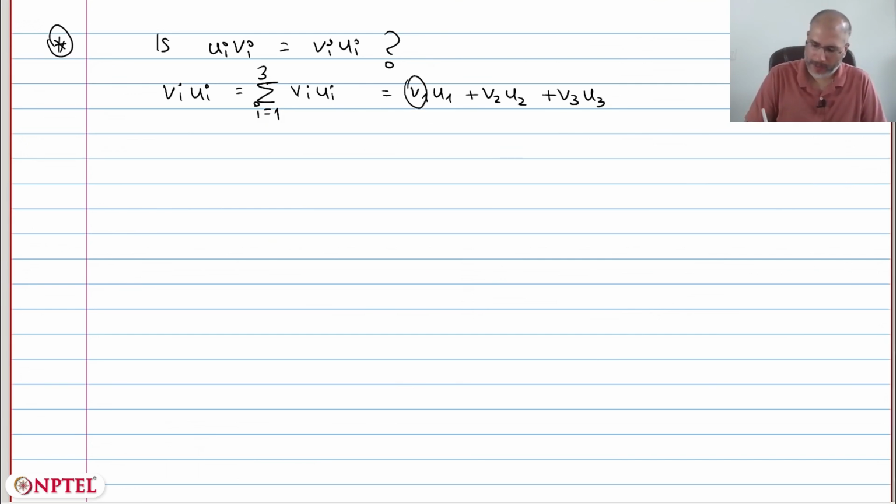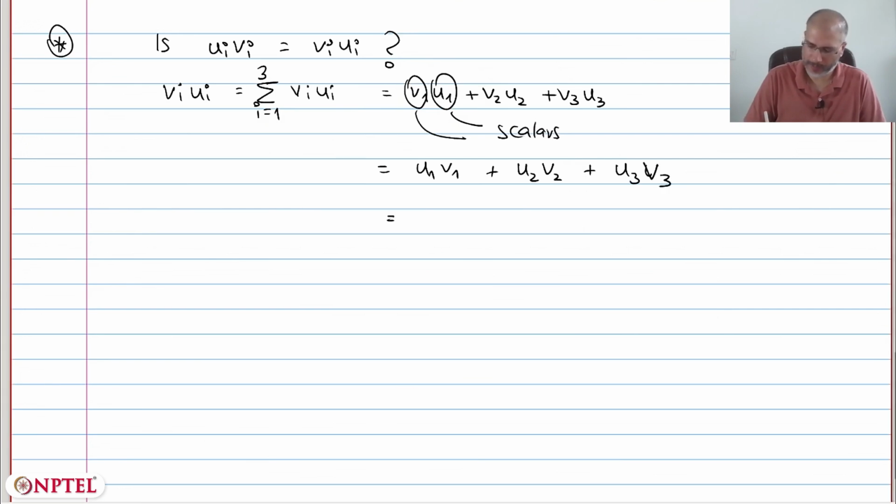So v1, u1, v2, u2, v3 and u3 are all scalars here. Remember, scalars are zeroth order tensors that only require magnitude to describe them. So here v1 is a component of a vector, which is a scalar, so I can change the order. I can write v1 times u1 as u1 times v1. Similarly, the second term becomes u2 times v2, and the third becomes u3 times v3.